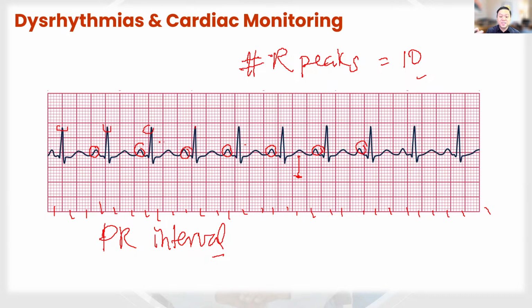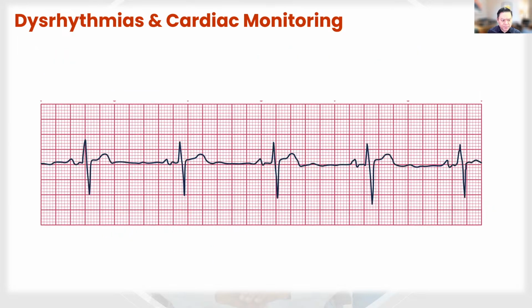Or this will determine the travel time for the impulse from the atria to the ventricles. Now, here we also need to recall, guys, what else? We have the QT. I think we got that one already. The PR interval. I talked about the QRS.